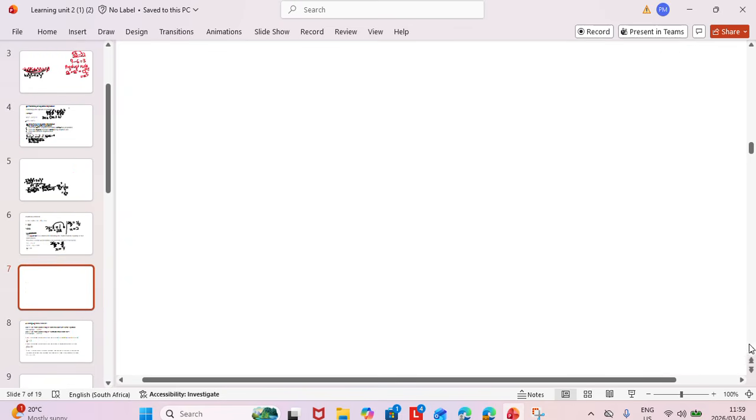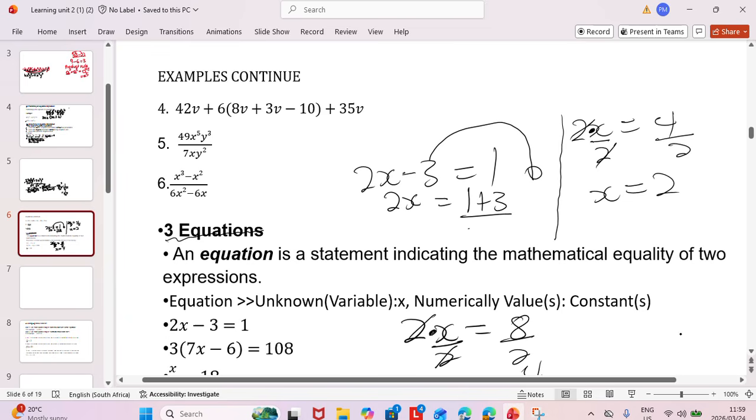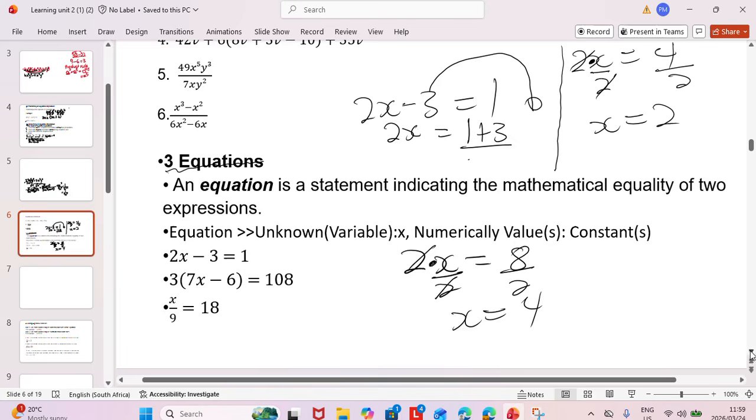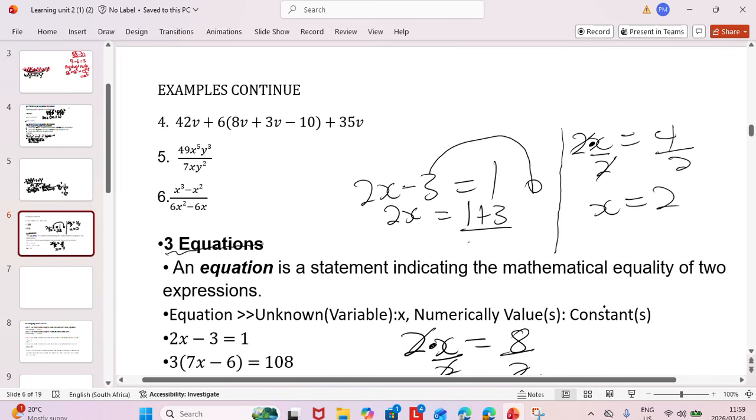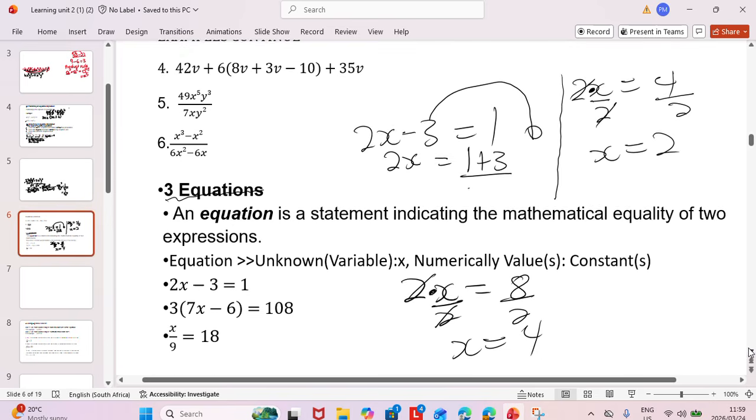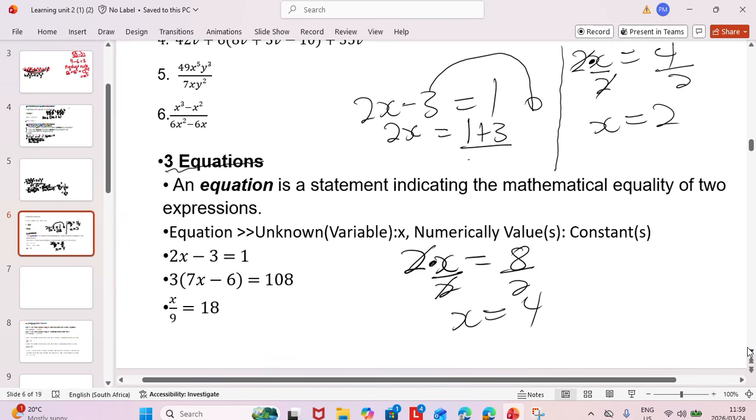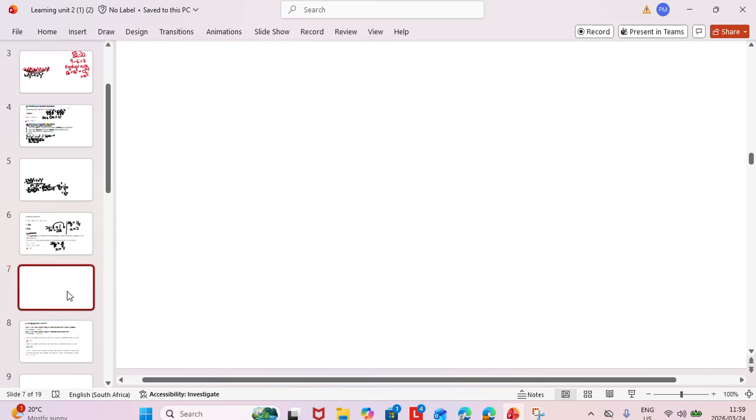Okay, that is when you have the multiplication. But what about now when x is divided by a number? Such as when you have x over 9 equals to 18. Or when you have x over maybe 2 is equals to 4. As you can see, x is divided by 2.